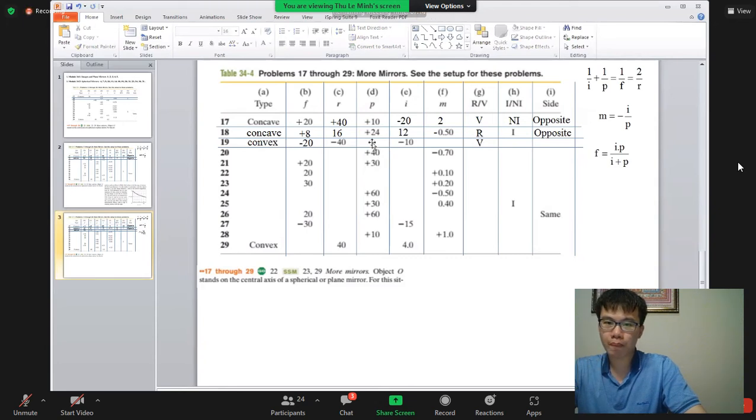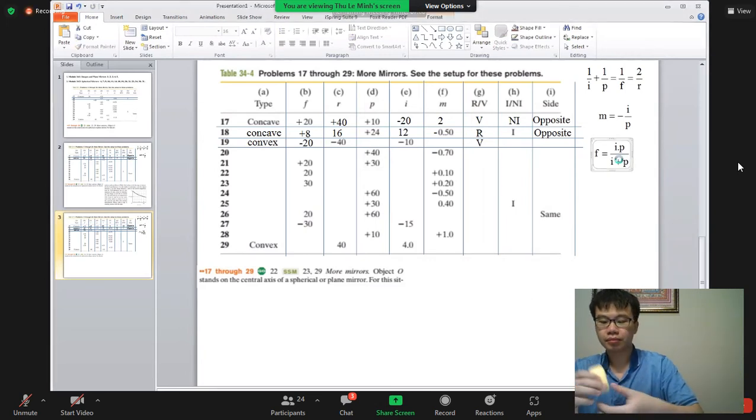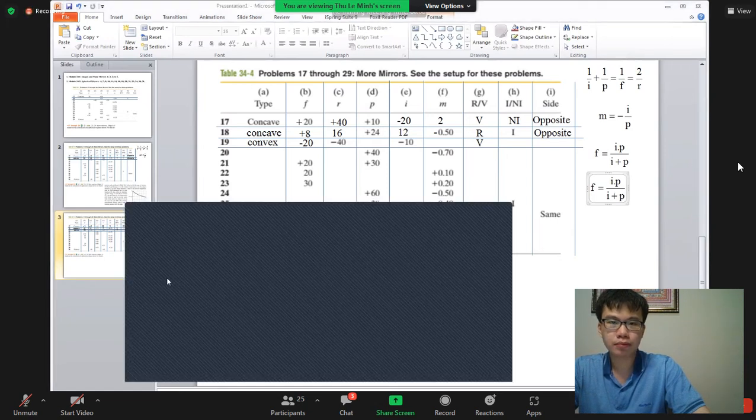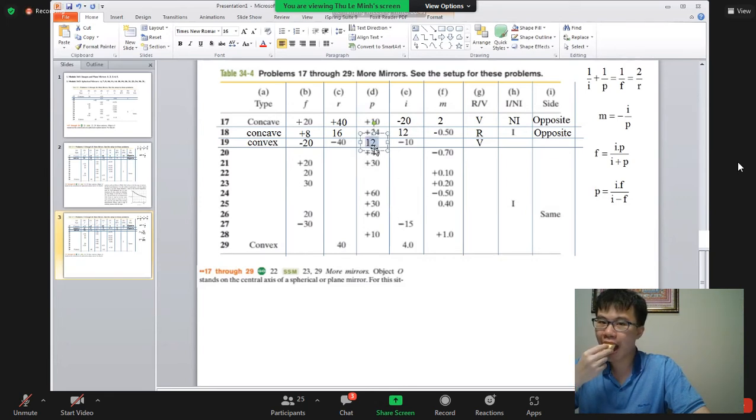And how about P? I have P equal 20. So you can use P equals I times F over I minus F, right? And you put I equal minus 10 and F equal minus 20. So what do you get here? P equals 20, plus sign, right?